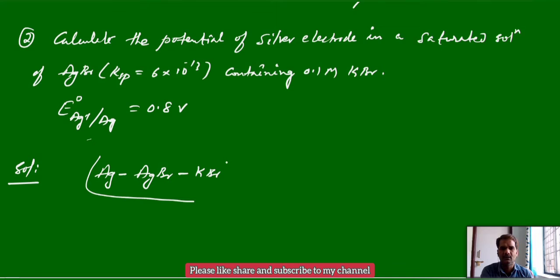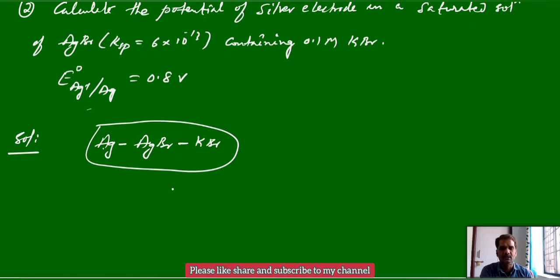This is the overall electrode. Now what type of electrode is it? Metal insoluble salt anion electrode. For this we have to calculate the cell potential, nothing but reduction potential. So we can write the reduction potential value here as E of Br minus, AgBr, Ag. This value we have to calculate.